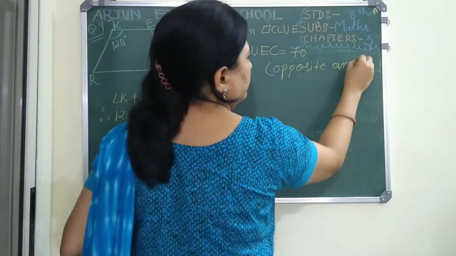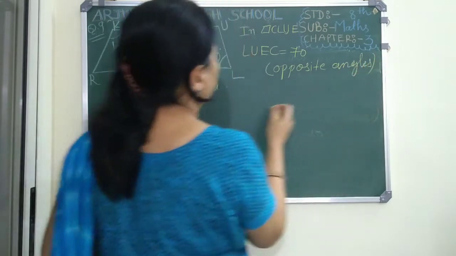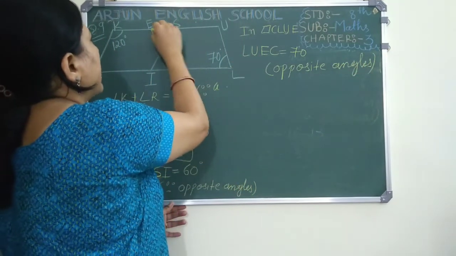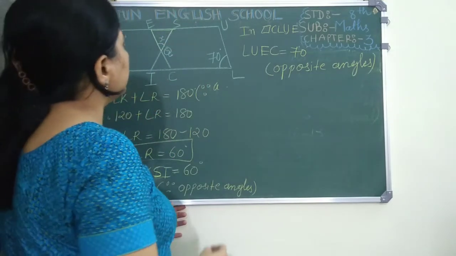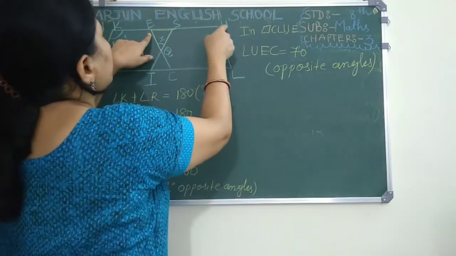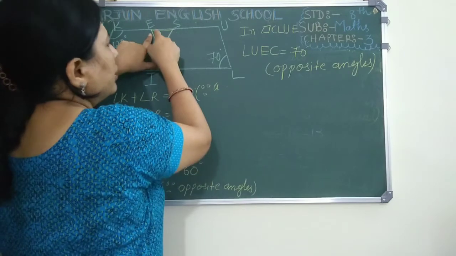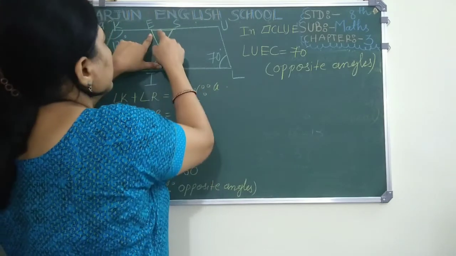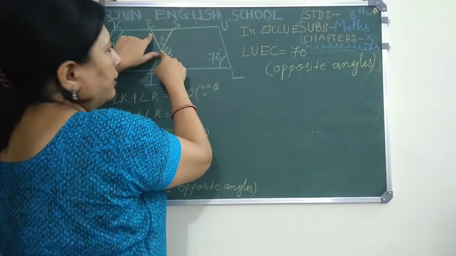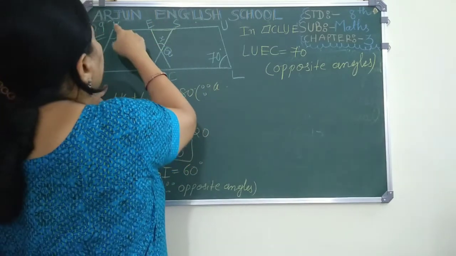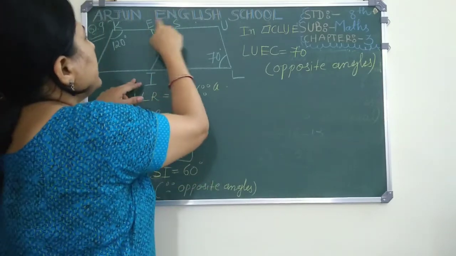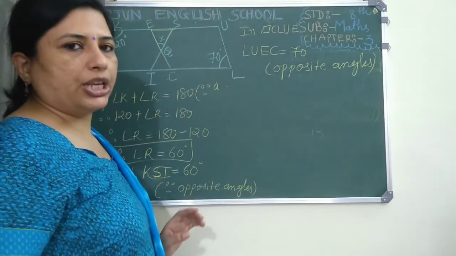Now we will take this triangle, and for this triangle, if UEC is equal to 70, then SEQ is equal to 70 only. And if KSI is equal to 60, then ESQ is equal to 60 only.